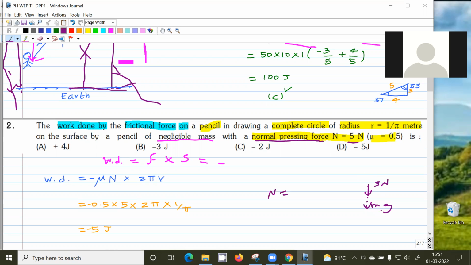Suppose you had mass, then mg would also be there, so in that case the normal reaction will be 5 plus this. To avoid this complication, they have neglected this mass. This N does not mean normal reaction; the symbol will not be correct. It is the normal pressing force, so the pressing force is 5. In addition, the mass and weight would be there, but here it's negligible. Is it clear?